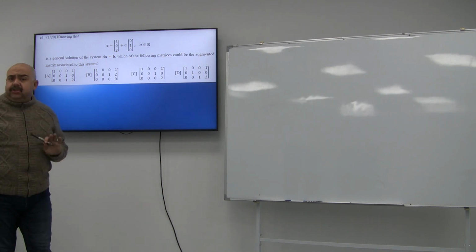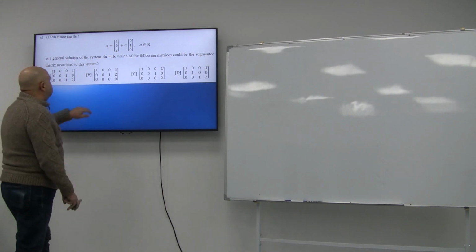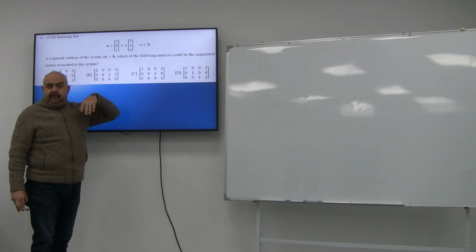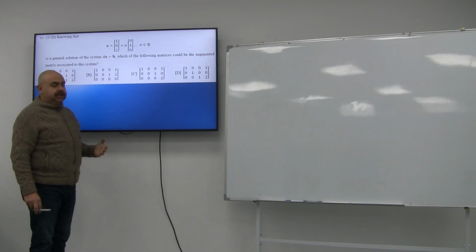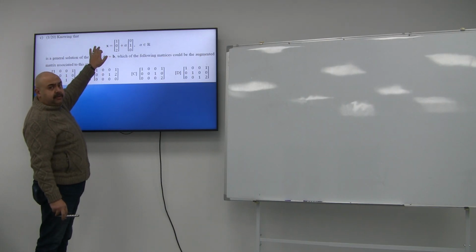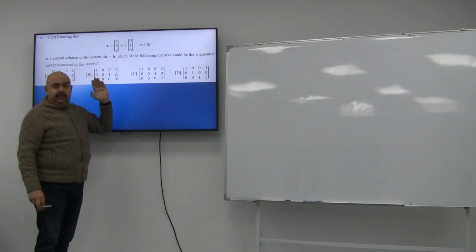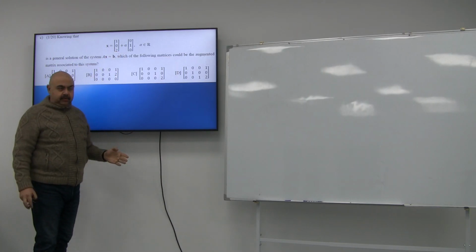The question here is really very nice. It says this is a solution set for a certain system of equations, 3 by 3. It has x as the solution vector, 1, 0, 2, plus alpha, where alpha belongs to R. It's an infinite number of solutions, of course.